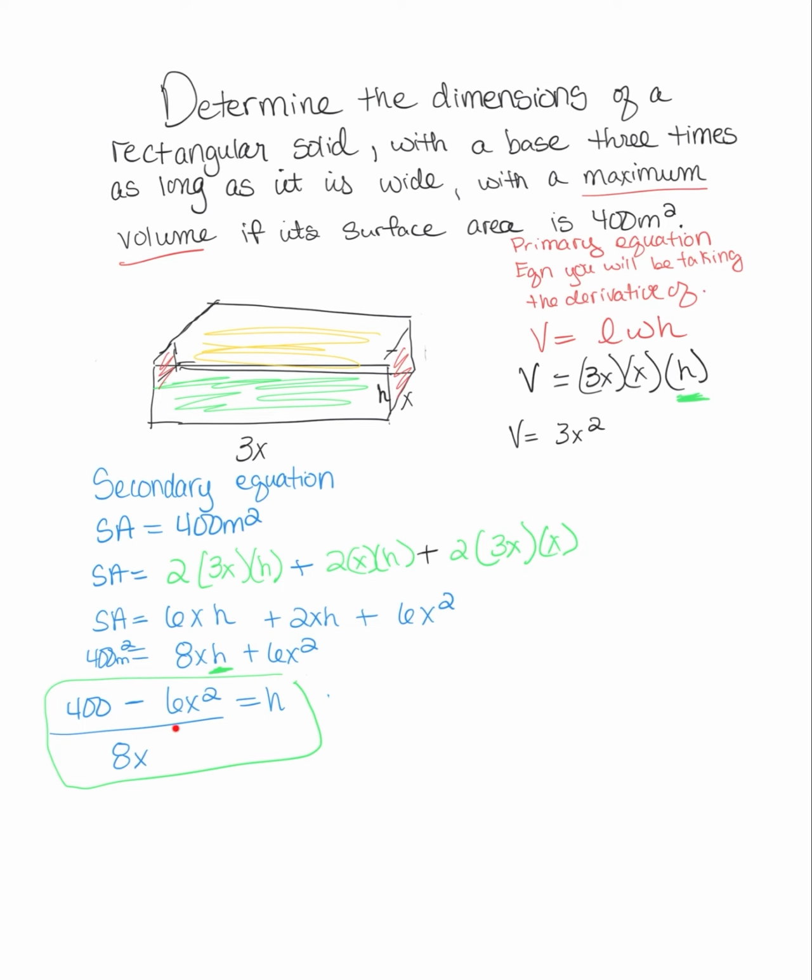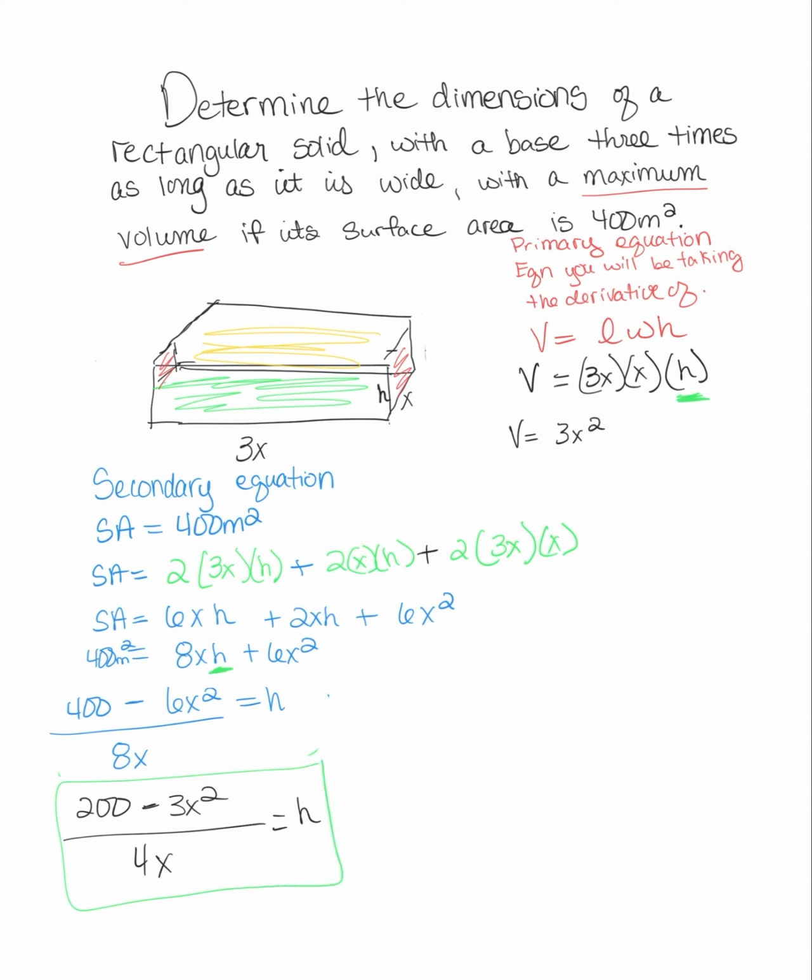You could take a 2 out of all of these, and that might make our work a little bit easier. Always see if you can reduce. So if we took a 2 out, that would be 200 minus 3x squared if I just reduce, and 4x. And remember, fractions are just ratios. So 1 to 2 is the same as the ratio 2 to 4. This is just a ratio. That's why we can do that.